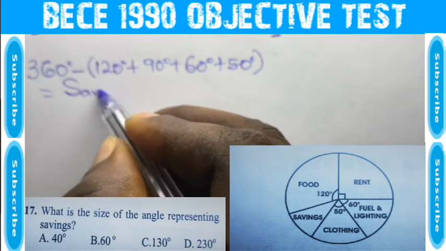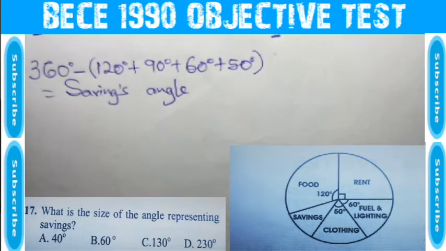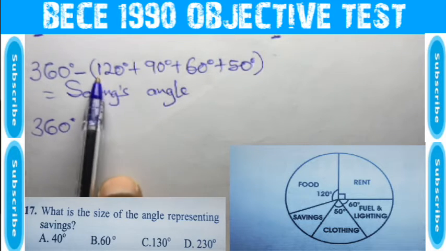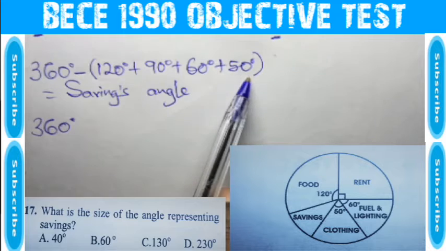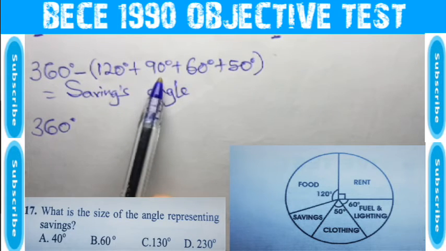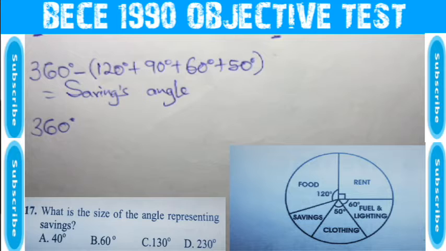So savings angle. It will be 360 degrees minus the sum. Let's add 120, 90, 60, and 50 all together. 120 plus 90 gives us 210, plus 60 is 270, plus 50 gives us 320.